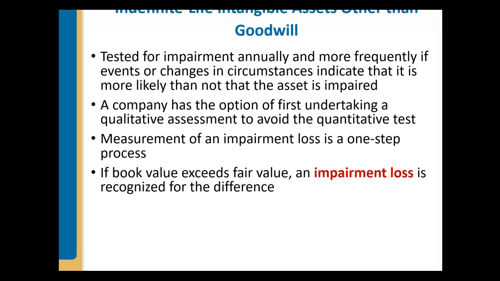Recoverability is not a good indicator of impairment. Like property, plant, and equipment, and finite life intangible assets, if an impairment loss is recognized, then the written down book value becomes the new cost basis for future cost allocation. Recovery of the impairment loss is prohibited, and the disclosure requirements are also similar.